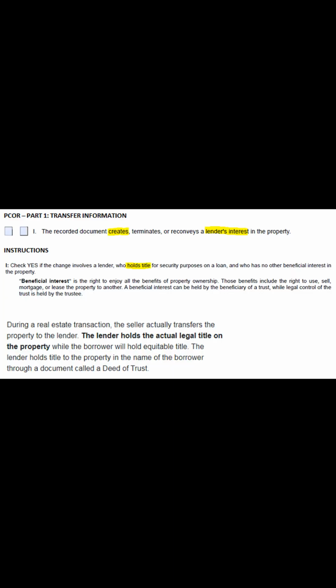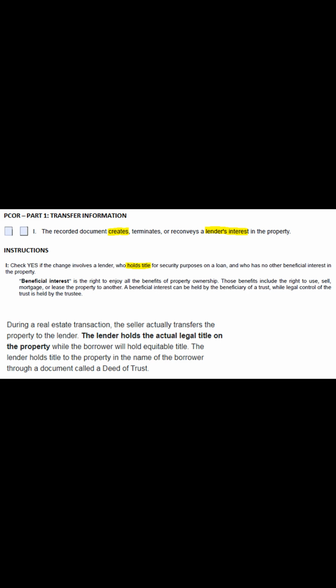I just wanted to point out that for this line, either I or H, depending on the PCOR form you are using, people may have different ideas of what could be the answer, from yes to no. But if we look again at the document, what it says, the recorded document creates a lender's interest in the property.